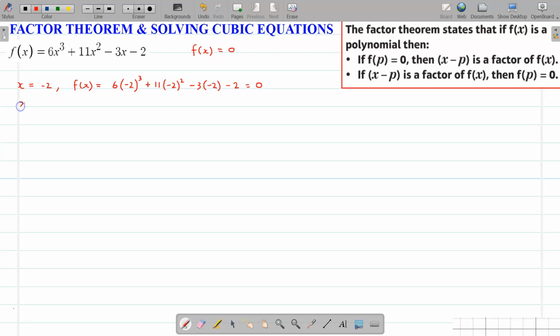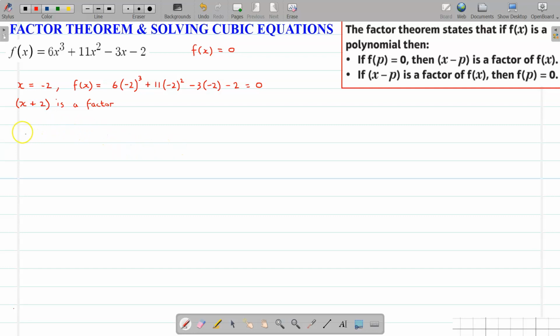So x plus 2 is a factor. So that's what we call one of the linear factors of that cubic function. Okay, so what I'm going to do, I'll just put that in brackets because we often write factors like that.